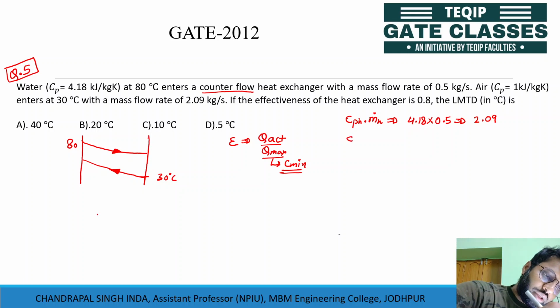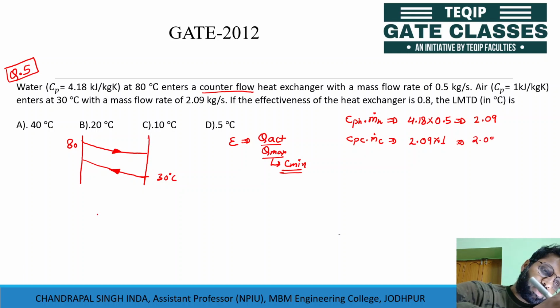Now Cp of cold fluid multiplied by the mass flow rate of cold fluid is equal to 2.09, with the specific heat of the air being 1 kilojoule.